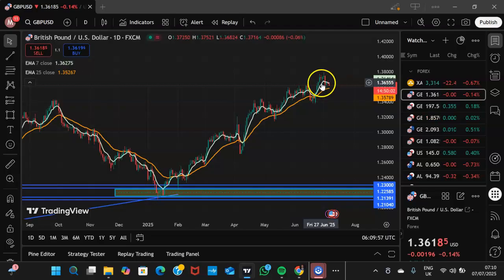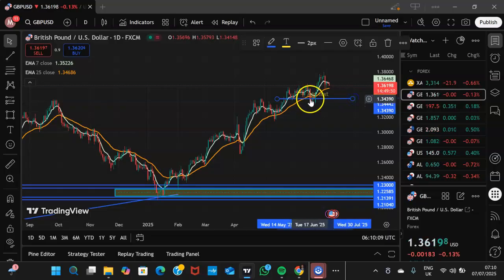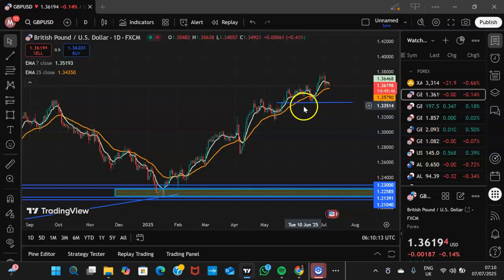For me to see that this trend is reversing, I should be expecting price to break below this structure. But as long as price stays above this last low, which is here, I'm expecting that price should be in an uptrend.